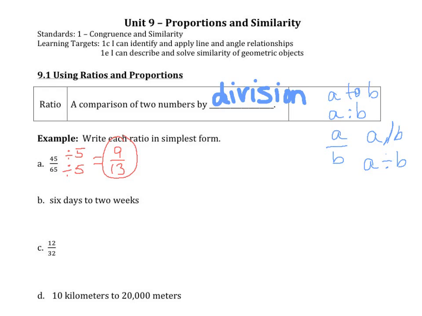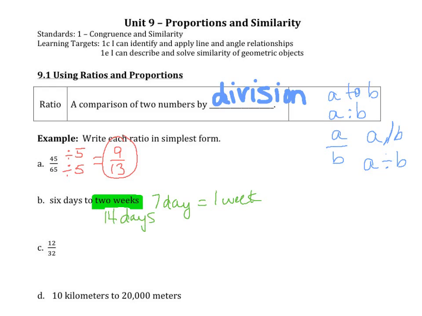All right, 6 days to 2 weeks. So the first thing we need to look at here is how many days is 2 weeks. We know that there are 7 days in 1 week, so in 2 weeks there are 14 days.